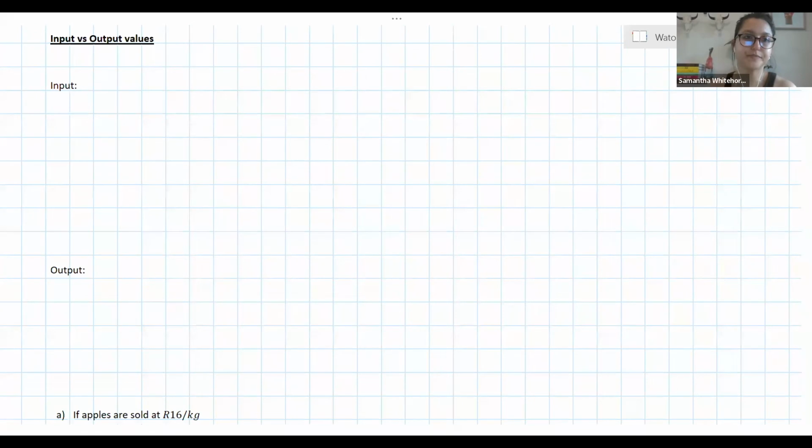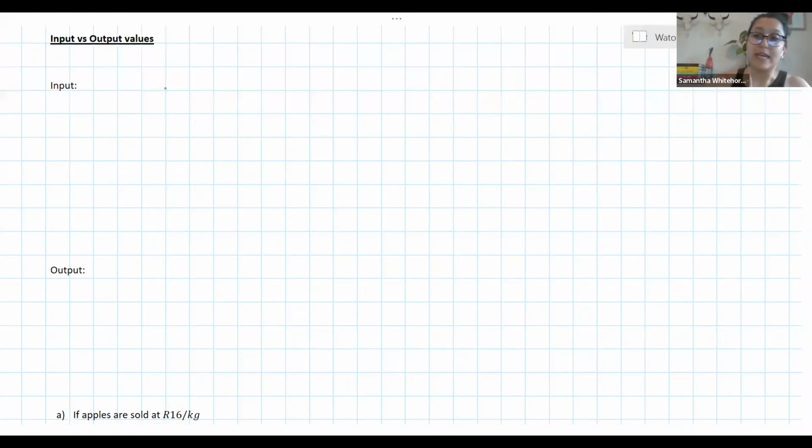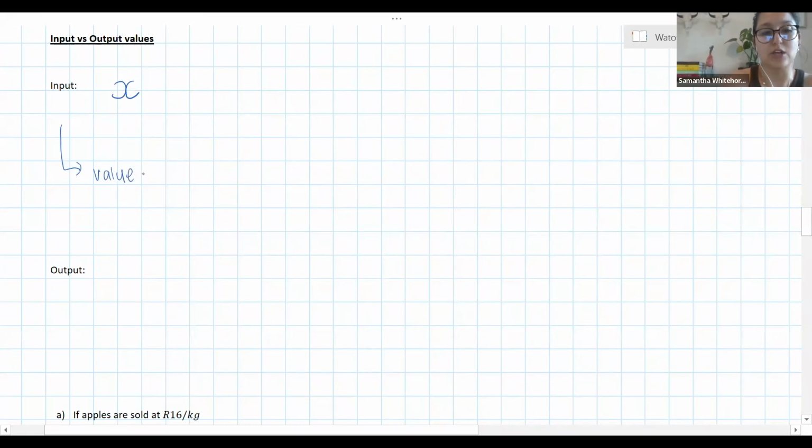Okay, so at a very basic level, when we talk about the values or variables that we're going to work with, we talk about input and output values. Now, when we got that rule for the pattern earlier, we were using X's and Y's, and this is a good lead-in into input and output. So your input values are represented with an X. And basically what these are are values that we perform operations on to get an output.